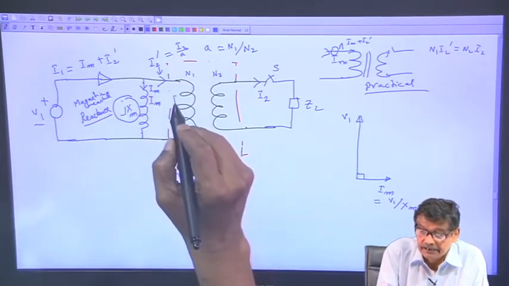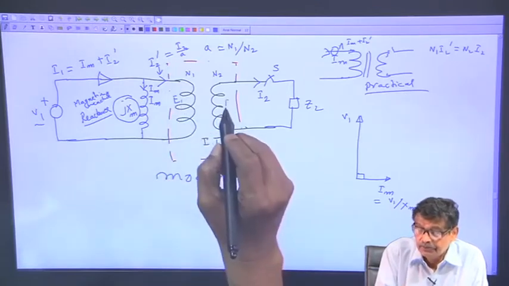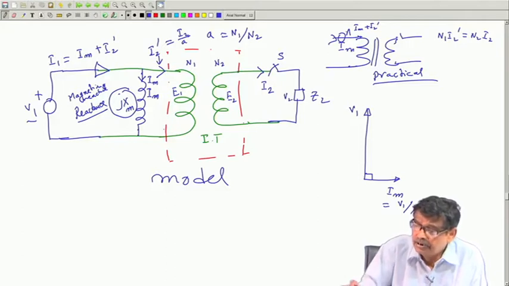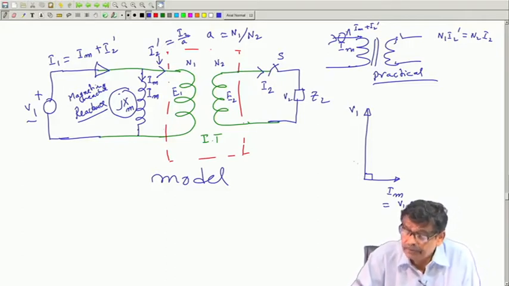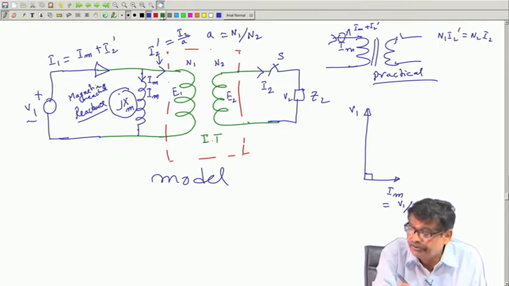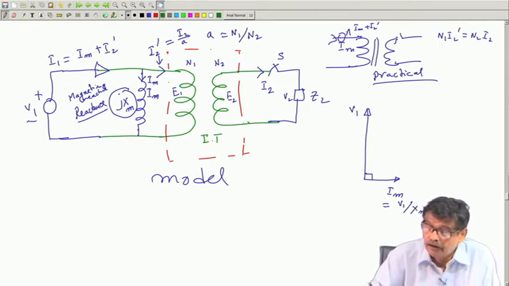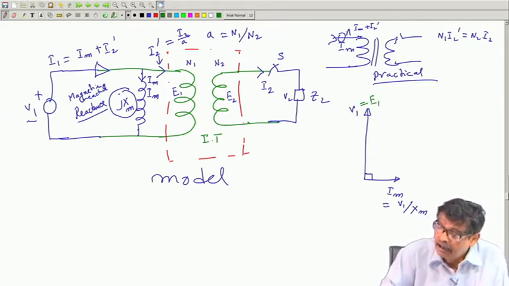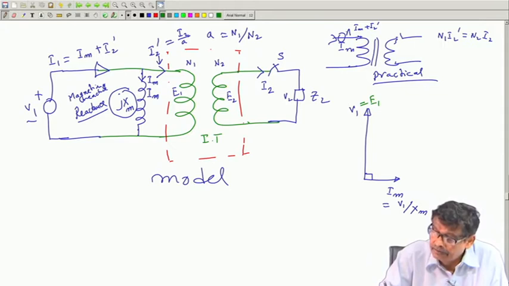So, this is E 1, this is E 2 and this is V 2. V 2, E 2 etcetera, they are all same. Depending upon the turns ratio, this V 1 is nothing but E 1, that still remains, nothing in between.